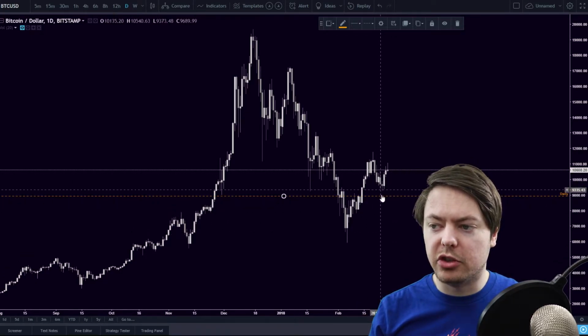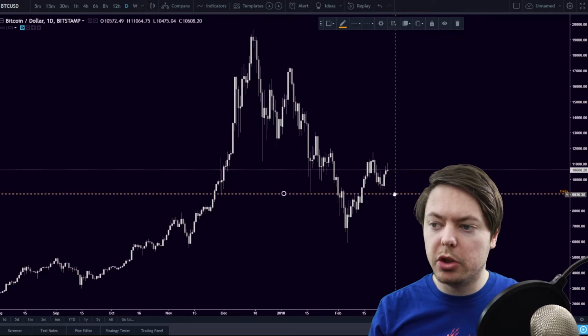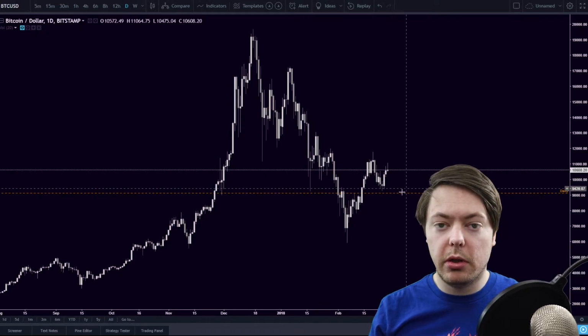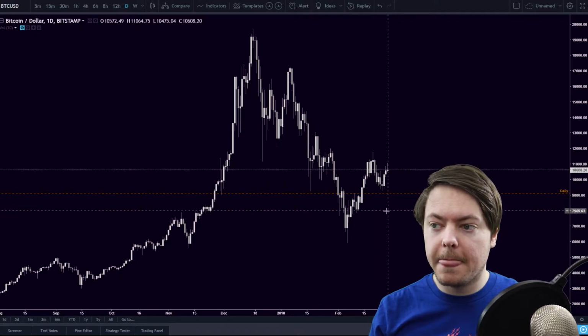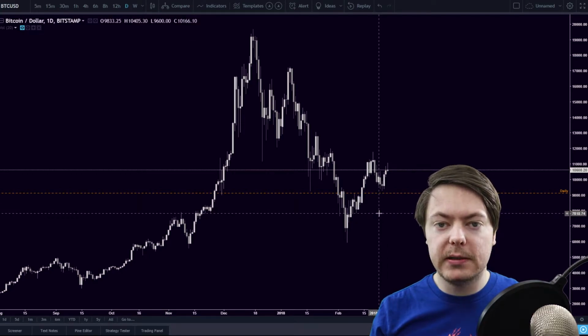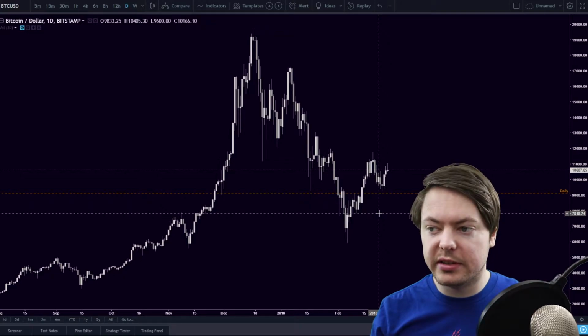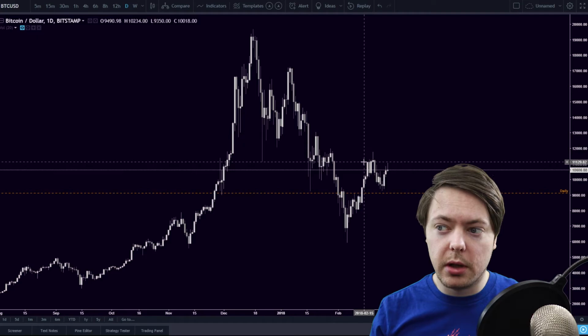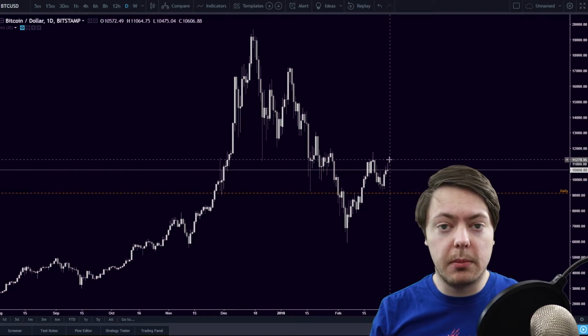So here we have this zone that we've just explained. I want to put it somewhere in the middle of the zone. But because this area is below the current price in the market, I'll try and bias where I put that line towards previous resistance. So in this case, this area here, that's previous support. The market came down, found support, and moved up.